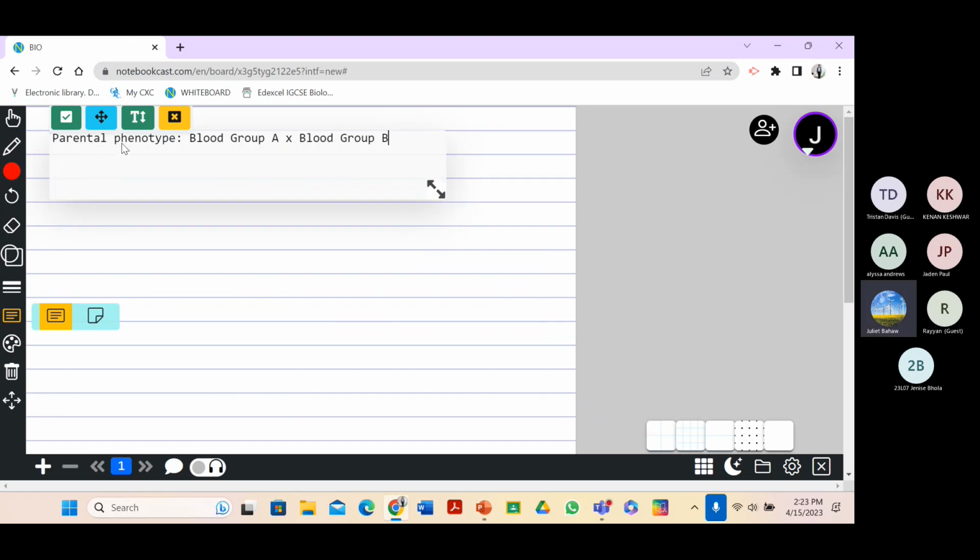But I want you all to use the combination where there's a recessive allele. So in that case, your parental genotype should be AO crossing with BO. Right? Cross that and tell me what you got.